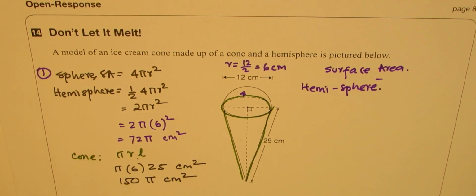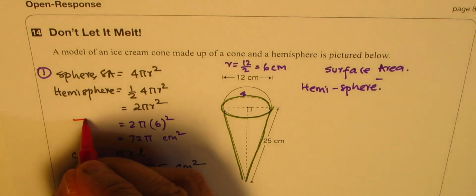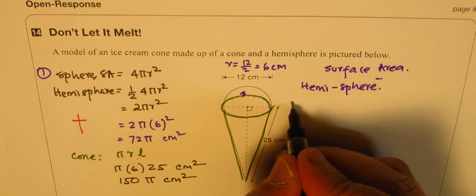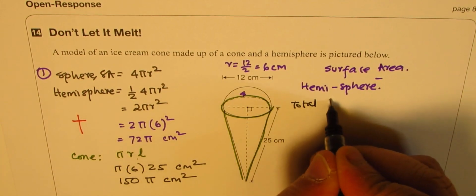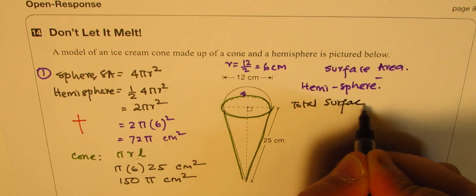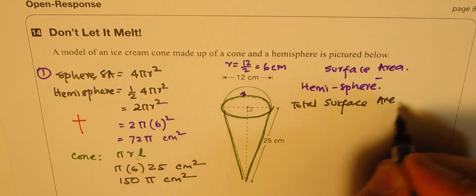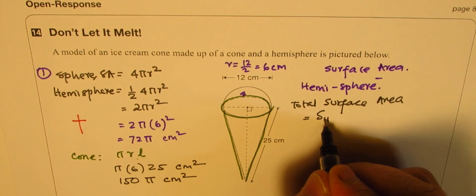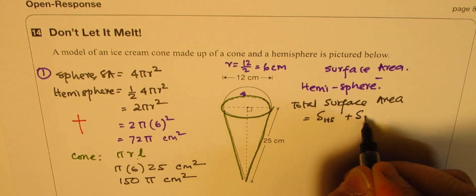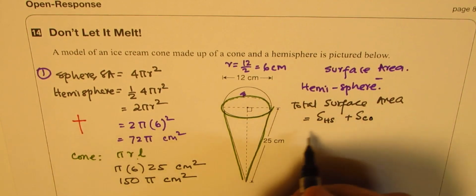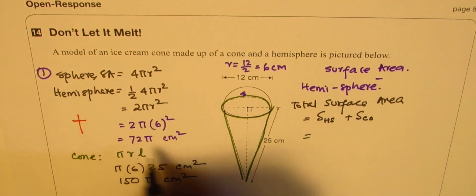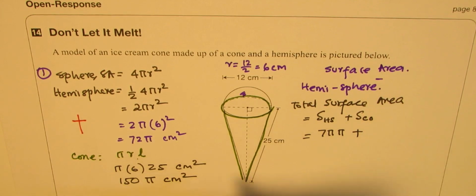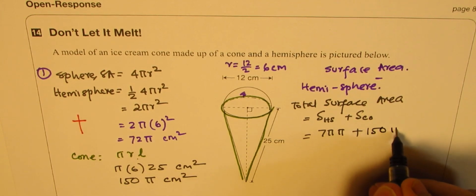So now we are looking for the total surface area. So we are going to add both of them, right? So when you add both of them, let me write down here total surface area, which is equal to surface area of hemisphere plus surface area of cone, right? So for the hemisphere, we got 72 pi, and for the cone, we got 150 pi.